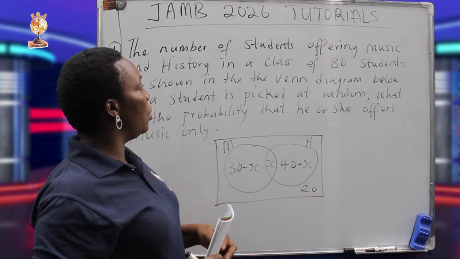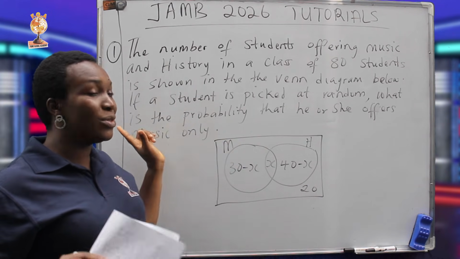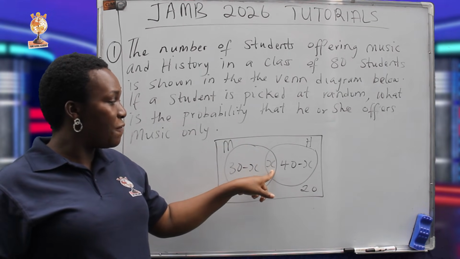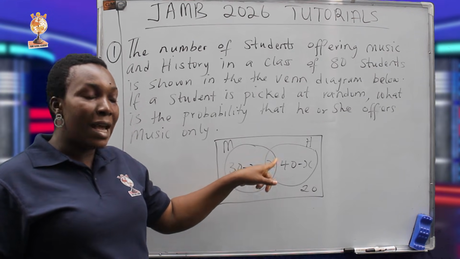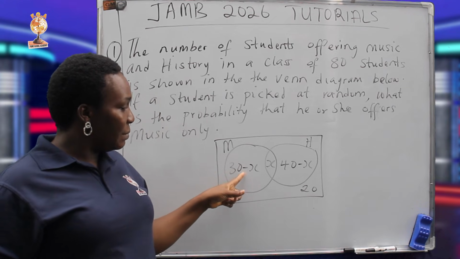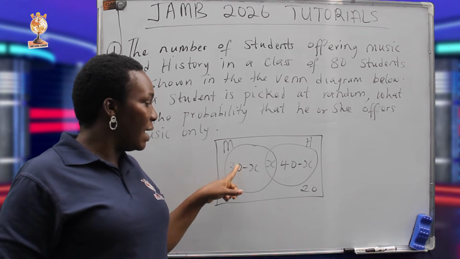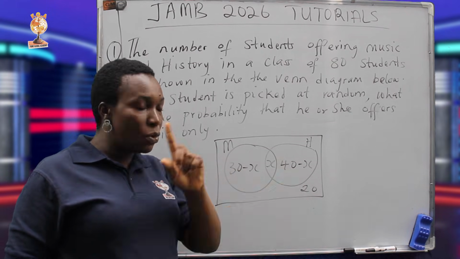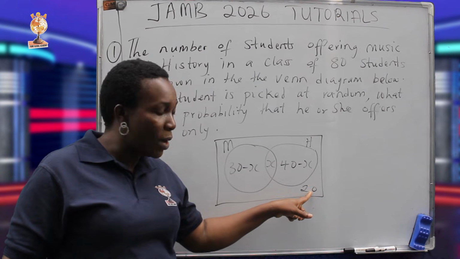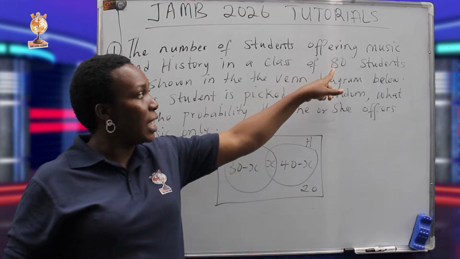Before you will know the probability of the student that offers only music, you're going to first of all know the number of students that offer both music and history. Because this 30 minus x is the one that studies only music, 40 minus x is only history, but this x is both history and music. Why this 20 is they don't study music, they don't study history, but they are part of the 80 students.